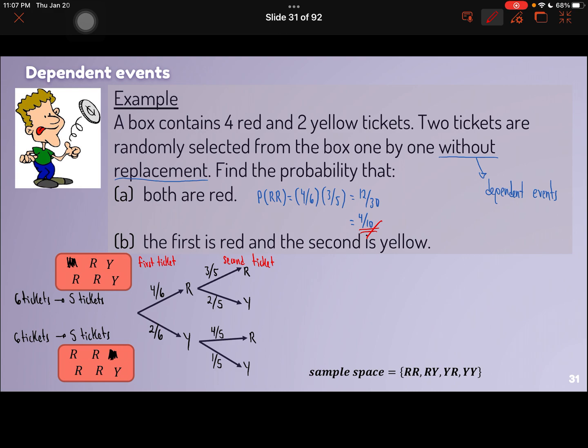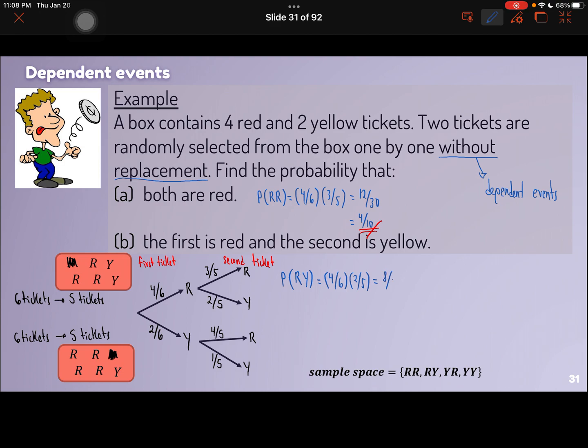And now let's find the probability that the first is red and the second is yellow. The first one is red and the second is yellow. So we have the probability of red, yellow, and that is going to be the product of this times this. 4 out of 6 times 2 out of 5.